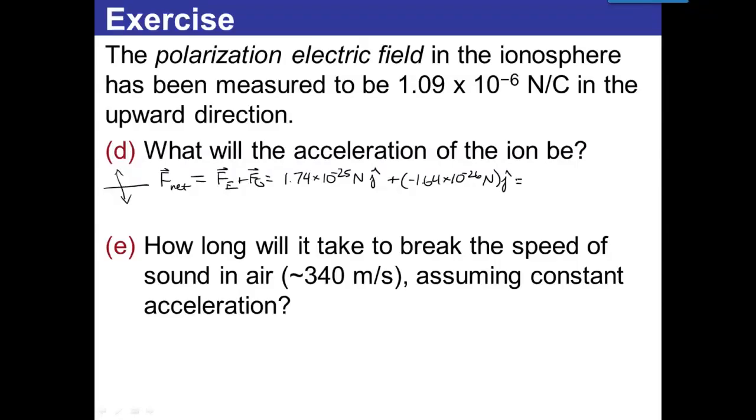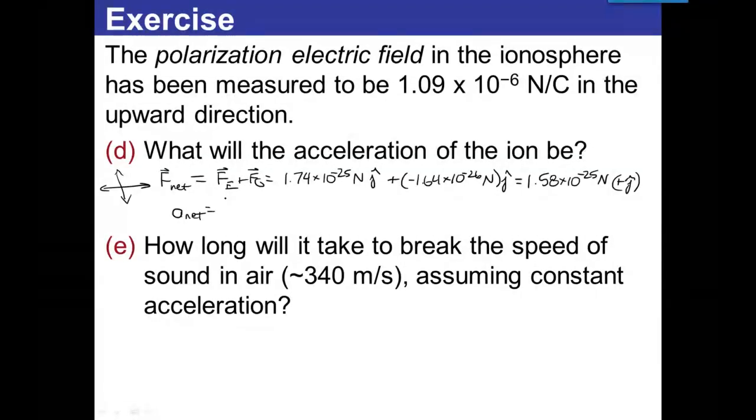And so in that case, then you end up with about 1.58 times 10 to the negative 25 newtons, and that's in the plus j hat direction, right? So it's upwards, as we said before. Okay, so that's my net force.